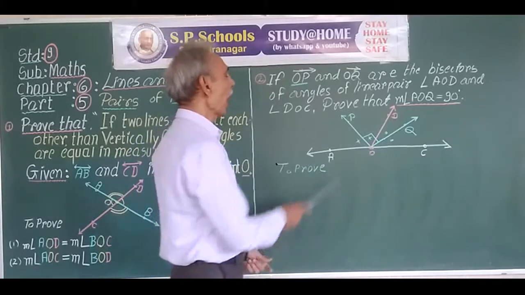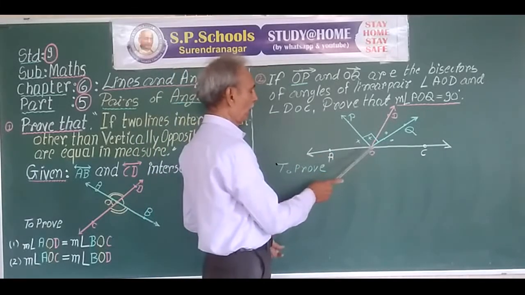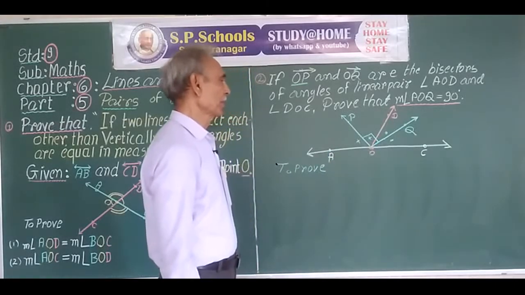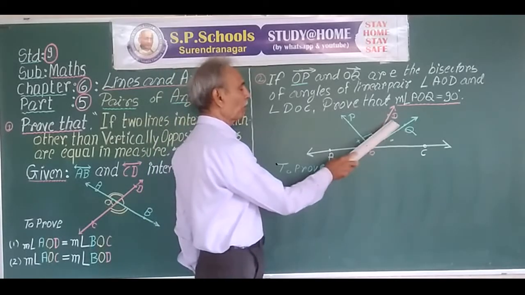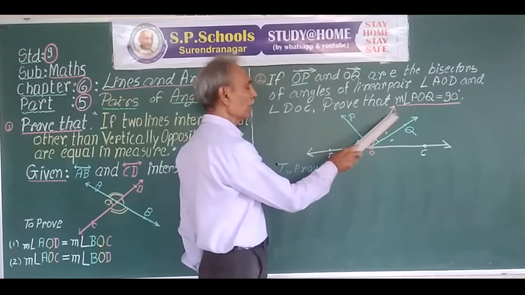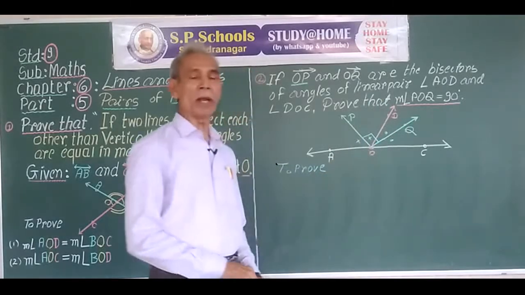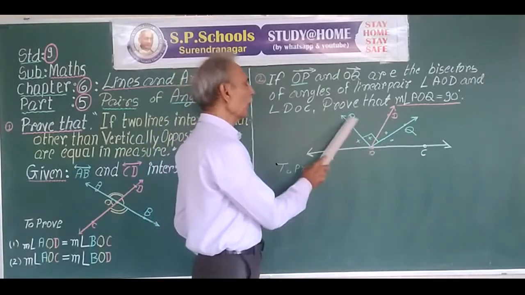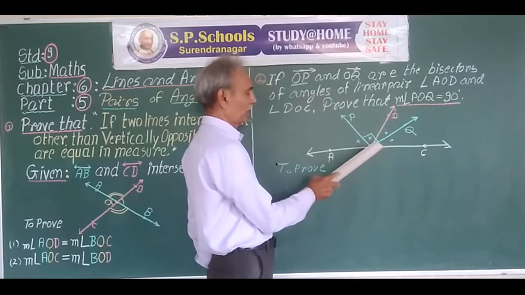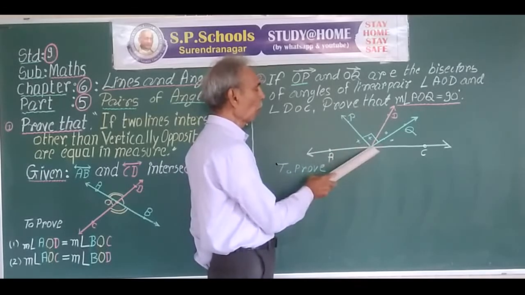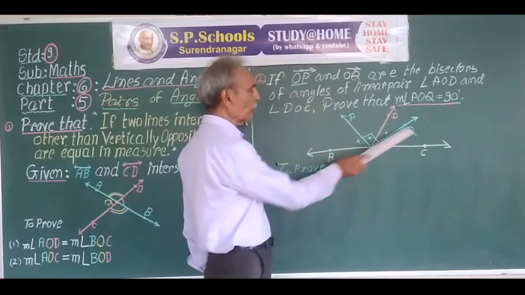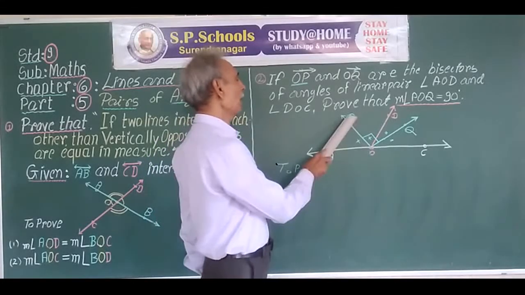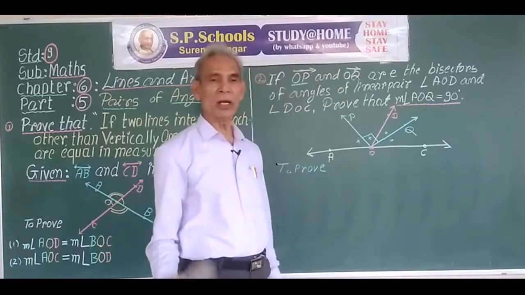So half the measure of angle comes to 90 degrees, angle POQ is also 90 degrees.